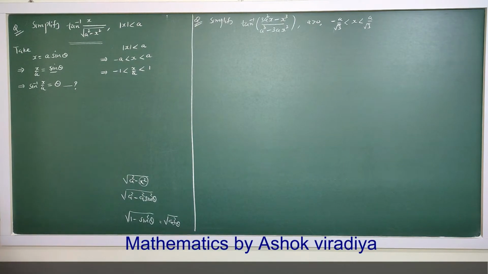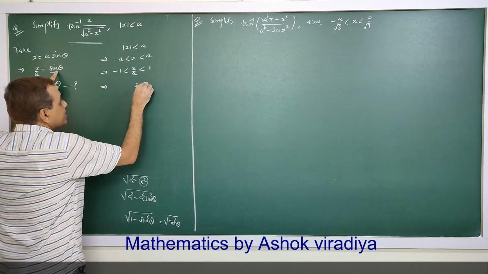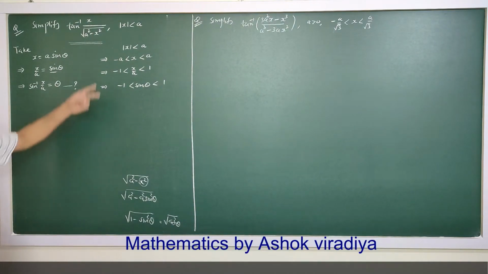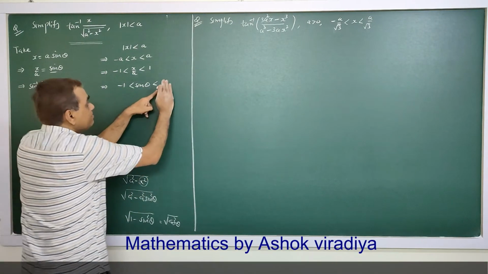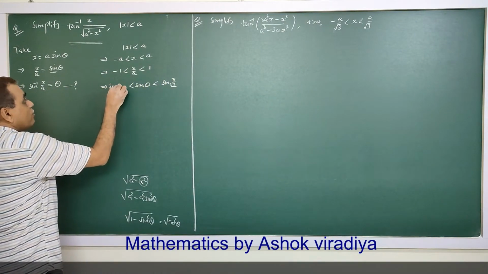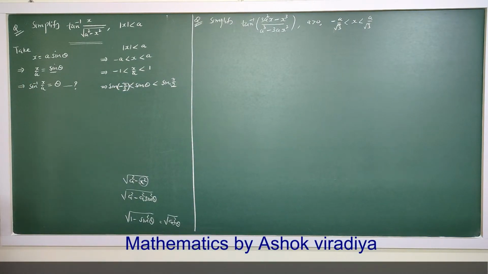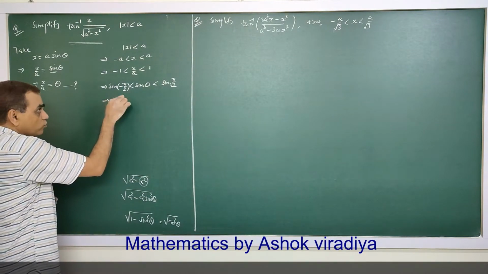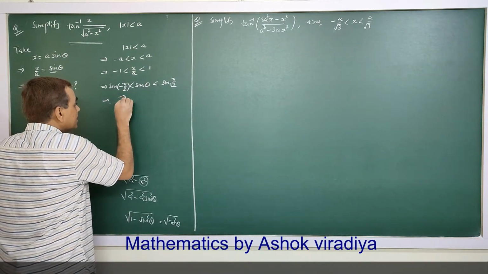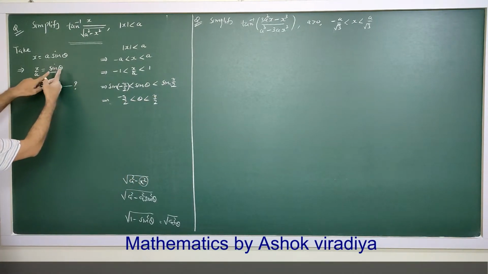Now x by a is sine theta, so we replace 1 by sine pi by 2 and minus 1 by sine of minus pi by 2. On the interval minus pi by 2 to pi by 2, sine is increasing, so removing the sine function, the inequality remains unchanged, and you can see that theta belongs to the domain of sine.